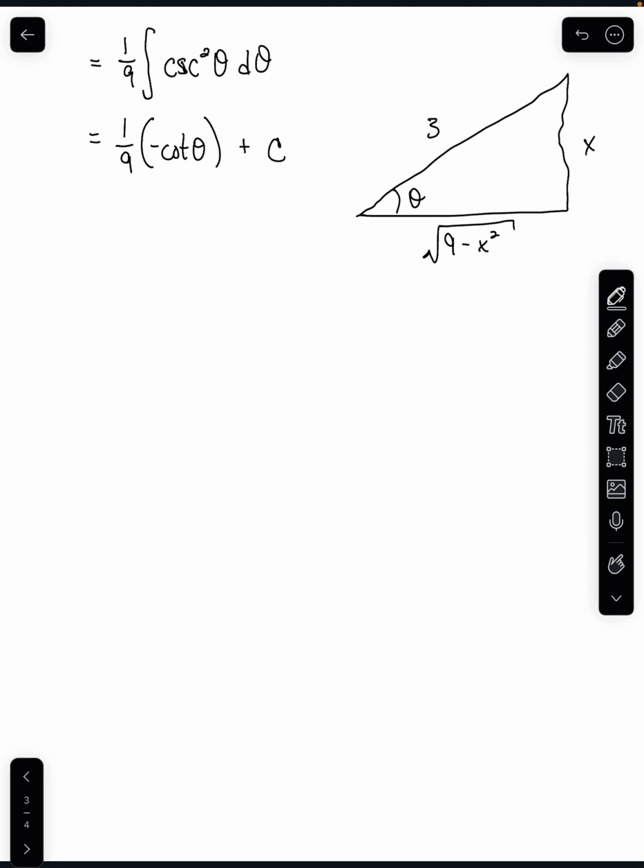Cotangent is adjacent over opposite, which in this case is the square root of 9 minus x squared over x. So our final answer is negative square root of 9 minus x squared over 9x plus c.